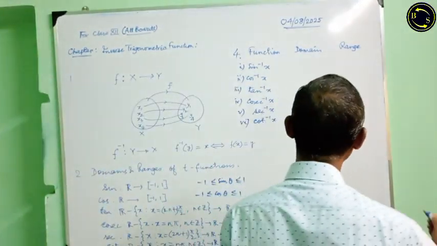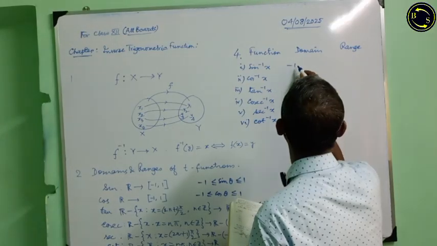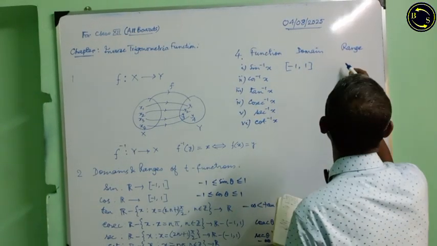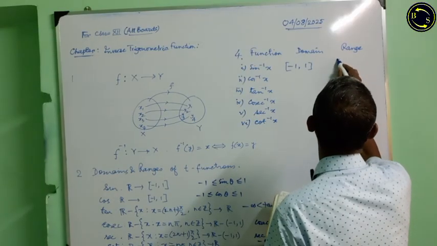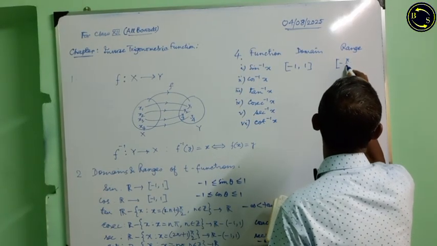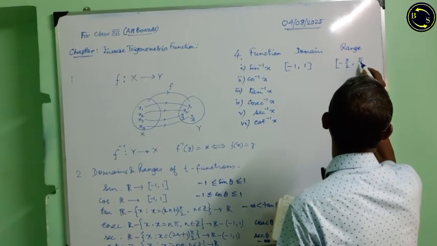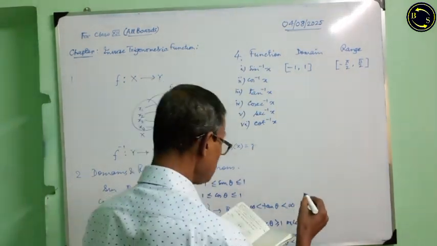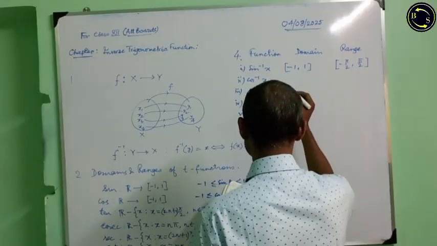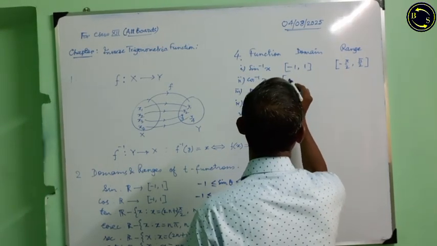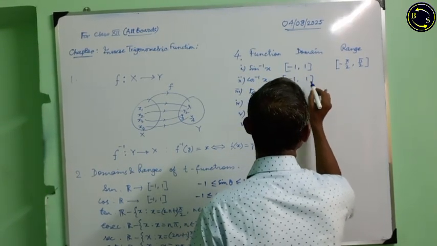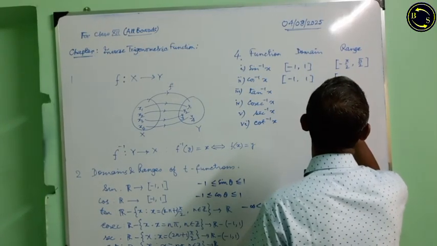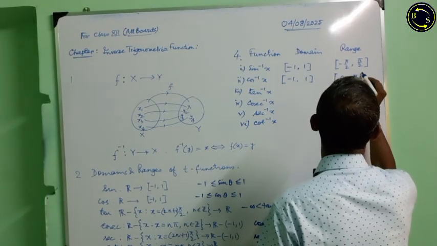Domain, and range is -π/2 to π/2. I shall discuss later on about this. First I make this table: -1 to 1, and it is 0 to pi.